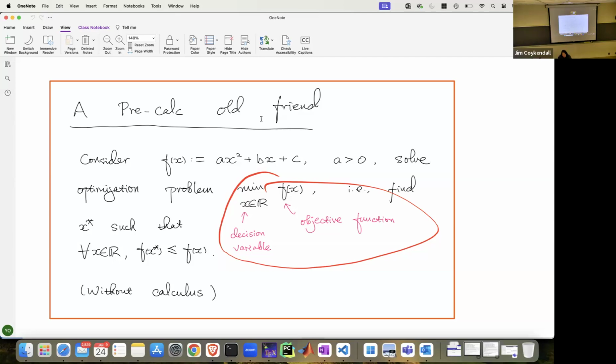The goal is to find the optimal solution, usually written as x star. The definition of optimal solution for a minimum problem is a solution x star such that the function value is the smallest among all of them. So for any other solution, the objective value should be larger or equal to what happens at x star. So without calculus, how are we going to be able to do it?